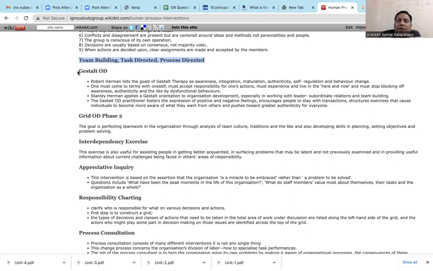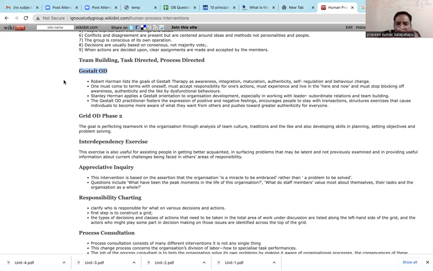Now we are going into Gestalt OD. Somehow Gestalt OD reminded me of philosophy rather than psychology, because it is about creating self-awareness where people's maturity level is increased so that they behave in an authentic way. Typically, this is used in enlightening leaders. Because they now have power, they need self-awareness so that they can control their behavior when dealing with subordinates.